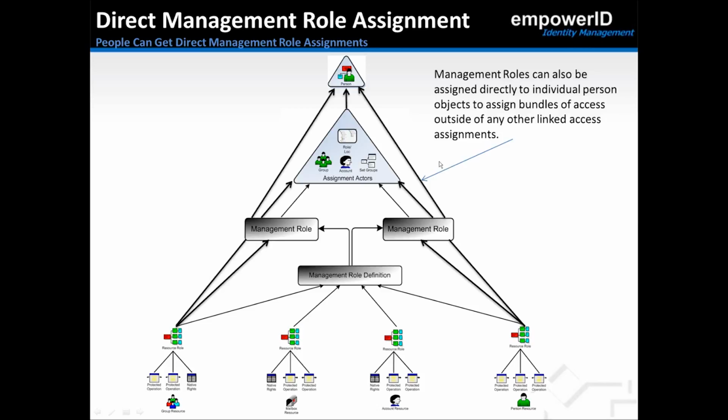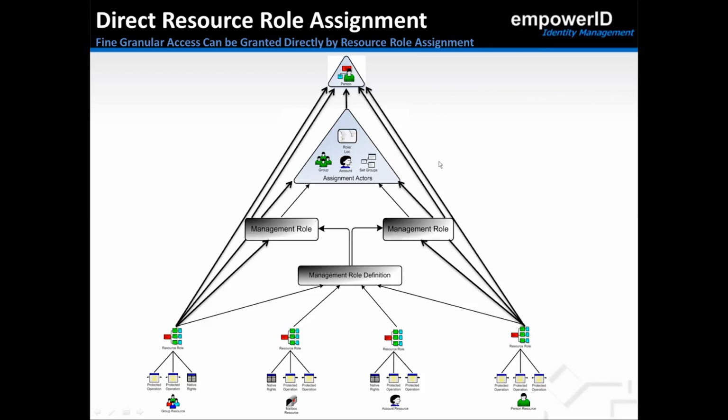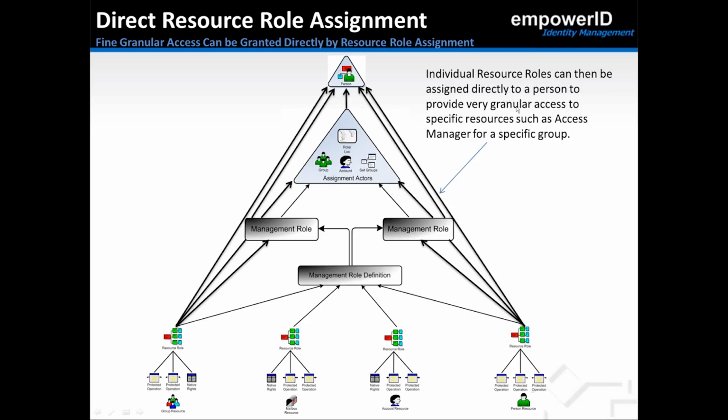All right. Now, to complete our assignments, we can also do granular access of a resource role directly to the individual person, right? So we can assign individual resource roles directly to a person to provide that very granular one-off, if you will, access for some specific right that they need. For instance, access manager for a specific group.